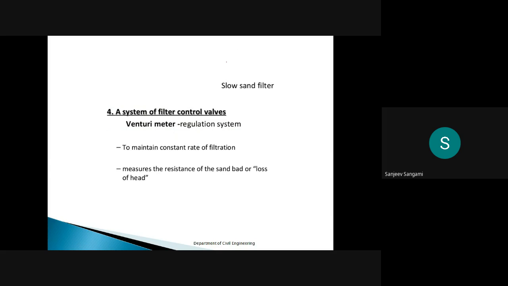Then filter control valves. Normally some of the filter control valves, like the meter, you can also call it a flow meter. Here they are going to control the flow.